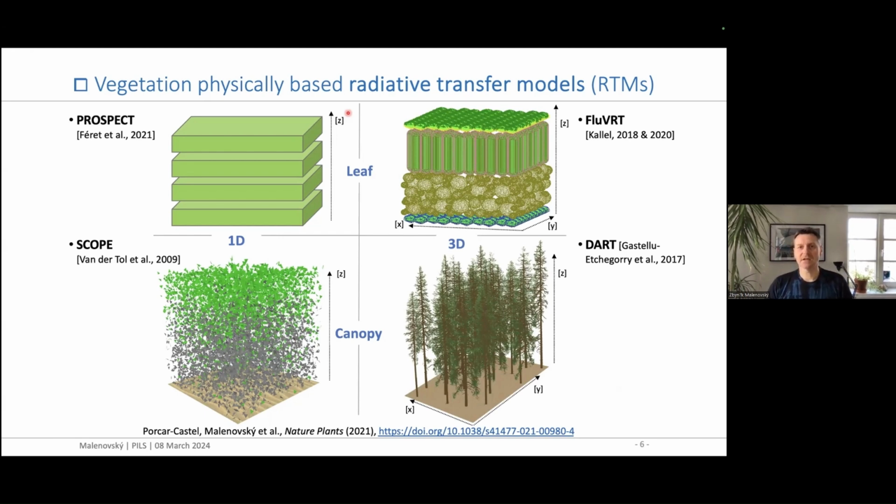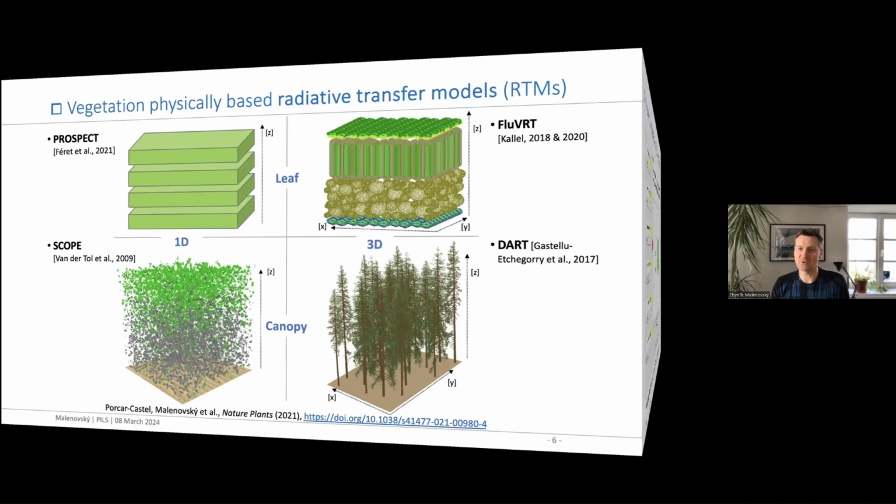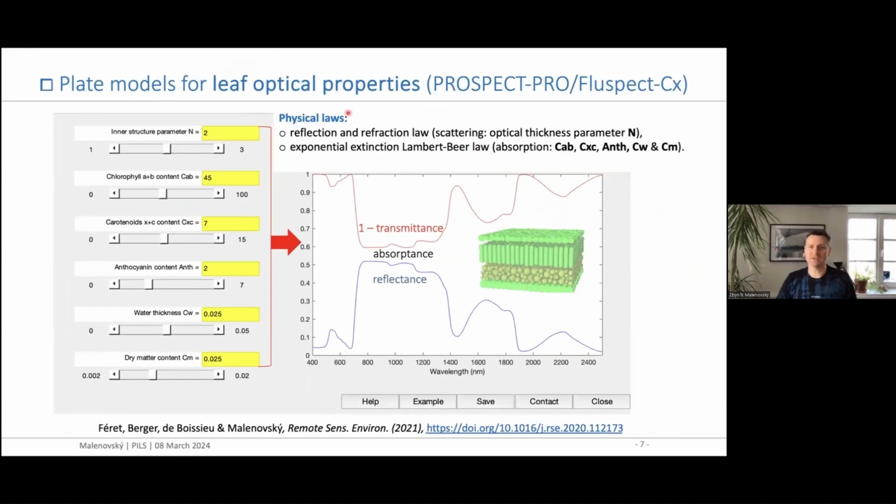We have again three-dimensional leaf-level radiative transfer models and as well three-dimensional canopy models. If you want to know a little bit more about it, please follow the DOIs at the bottom of the slides. Usually they are providing more detailed information.